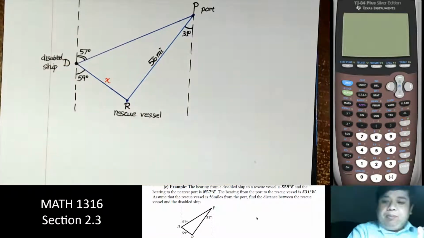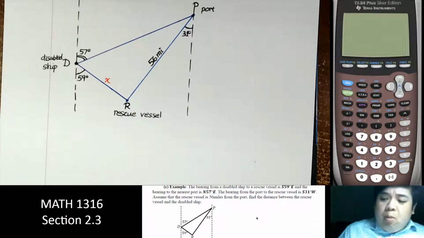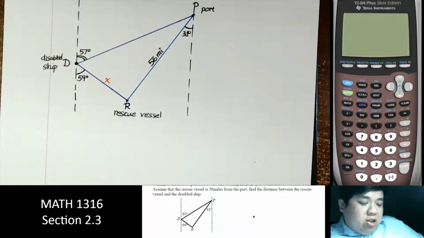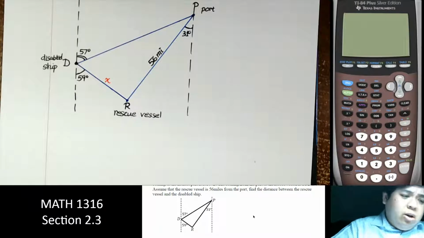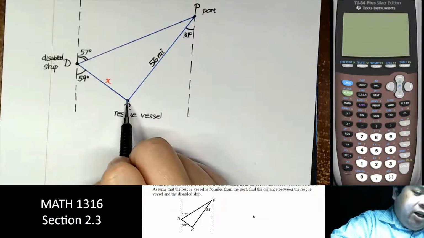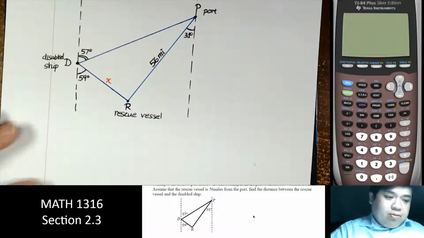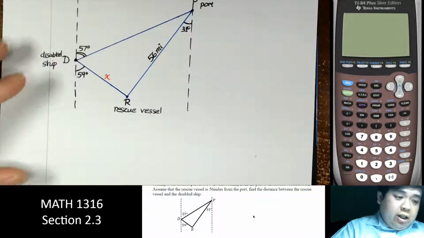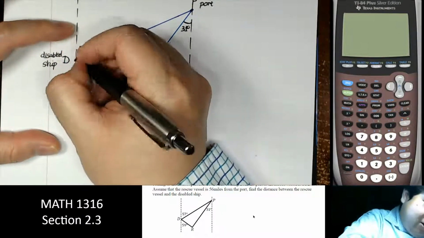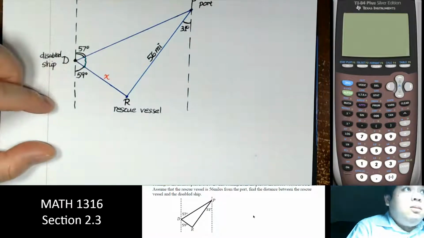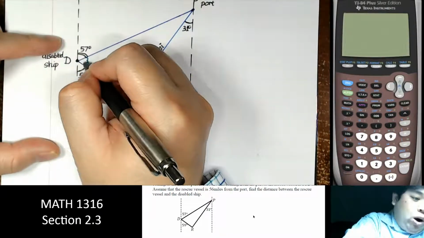Right, so now for most of our problems up to this point, we have to have a right triangle. So where's the right triangle? It looks like it's going to be here, but how do we know that? First of all, what is this angle here? We know the whole thing is 180 degrees.